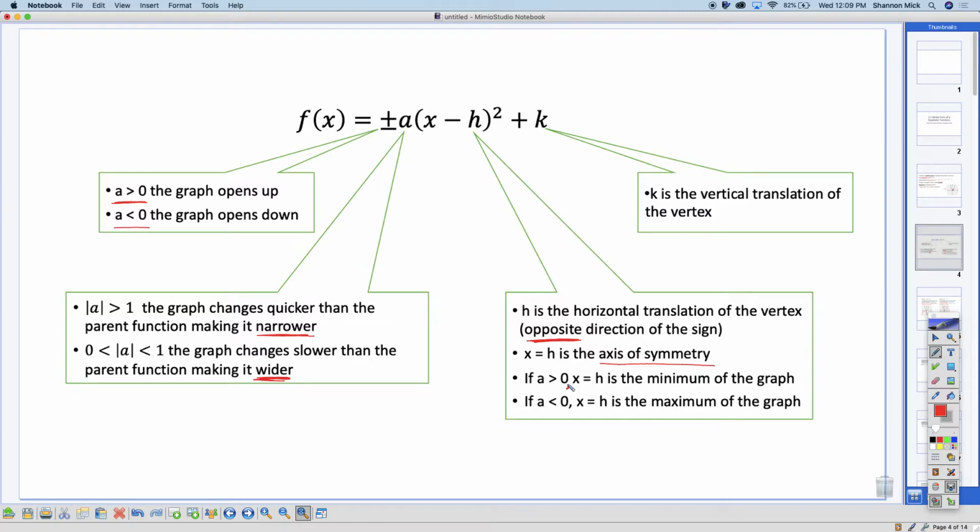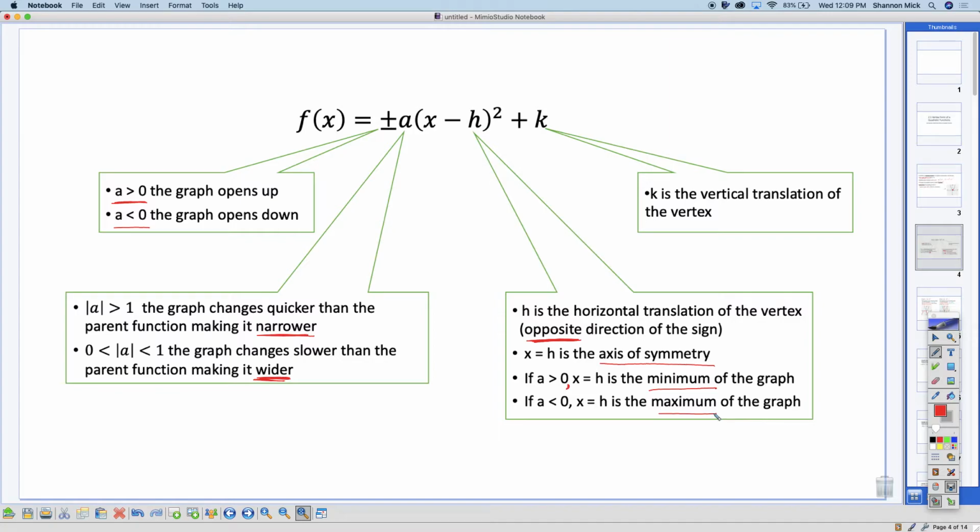If A is less than 0, meaning it opens down, then x equals h is a maximum.